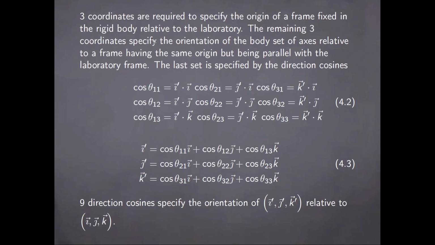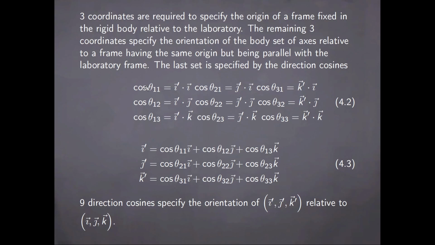Three coordinates are required to specify the origin of a frame fixed in the rigid body relative to the laboratory. The remaining 3 coordinates specify the orientation of the body set of axes relative to a frame having the same origin but being parallel with the laboratory frame. This last set is specified by the direction cosines.